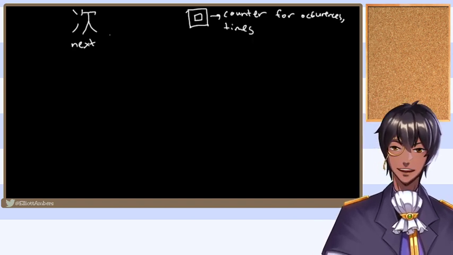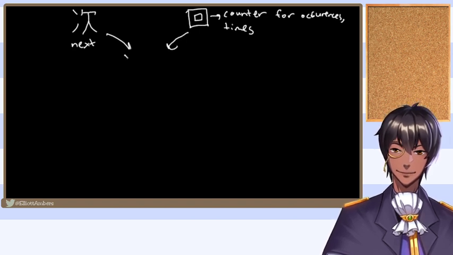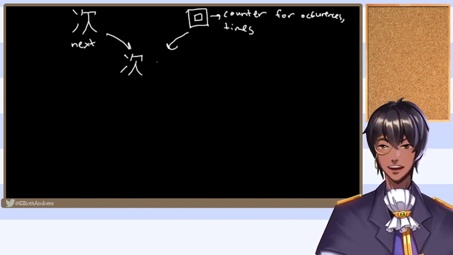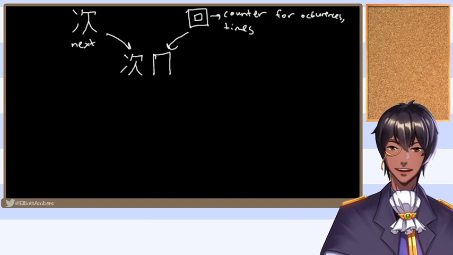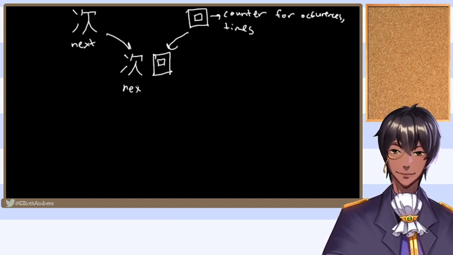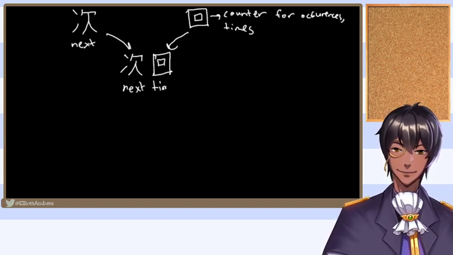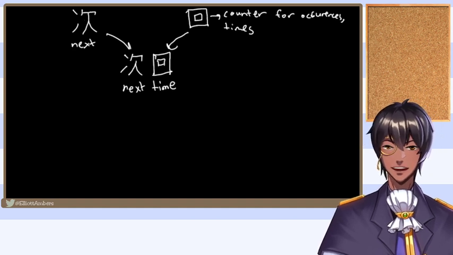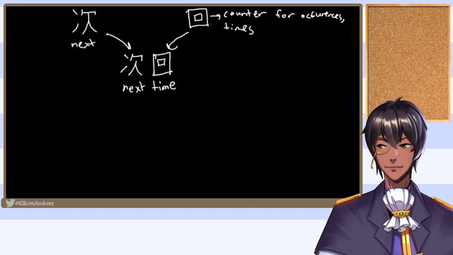And then when you combine these together, it becomes something you might have seen in a lot of anime. If you're watching the ending sequence and you listen to that narration, this becomes next time. This one's pretty intuitive because this one means next, and this one means the counter for occurrences or times something has happened.